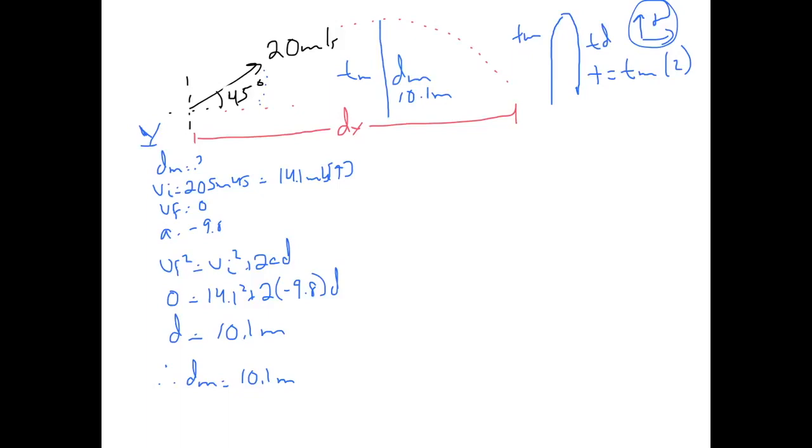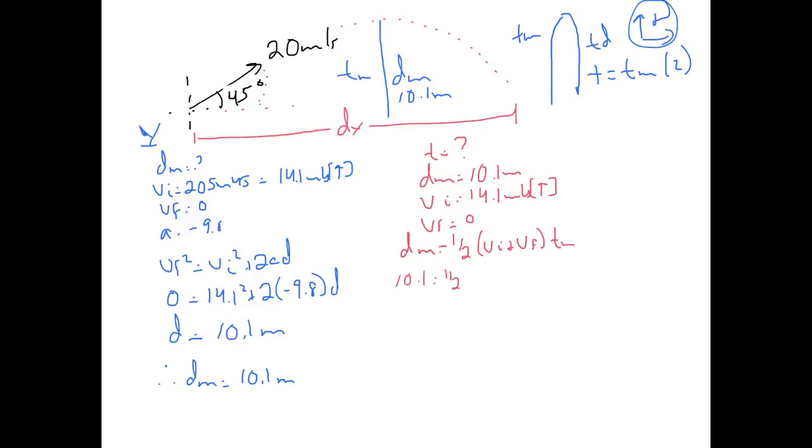So again, looking at the vertical, time is the question. Dm is 10.1 meters. Vi is the same, 14.1 meters per second up. And Vf is 0. So let's use the equation. Dm equals 1/2 Vi plus Vf times time. 10.1 equals 1/2 times 14.1 plus 0 times Tm.